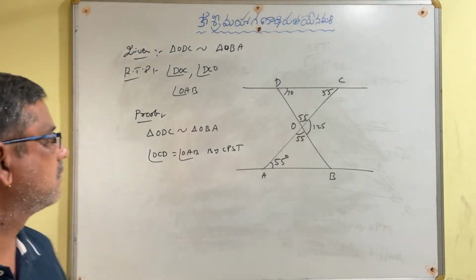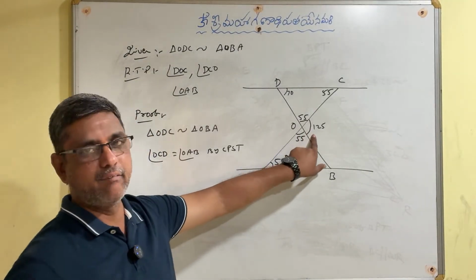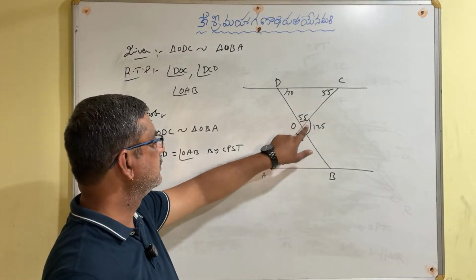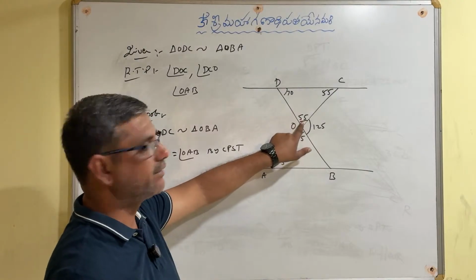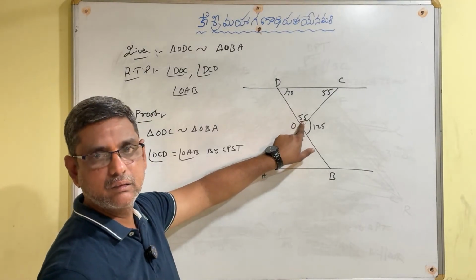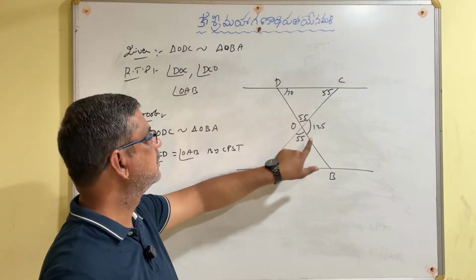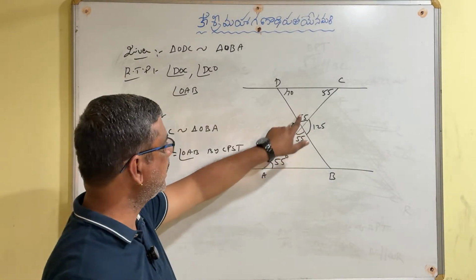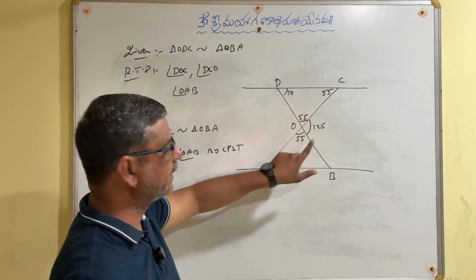Once again, given this is 125 degrees, then this is 55, a linear pair of angles. And if this is 125, this is also 55, either by linear pair or vertically opposite angles.